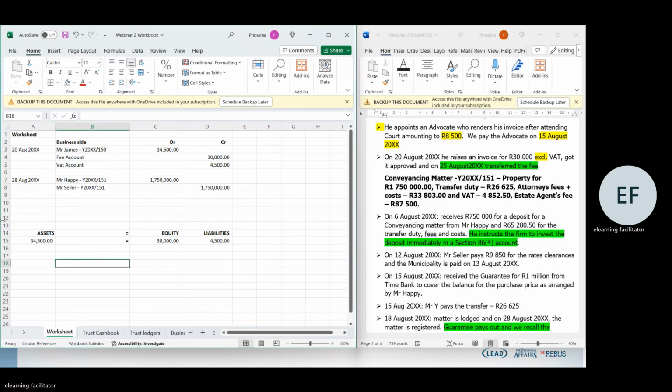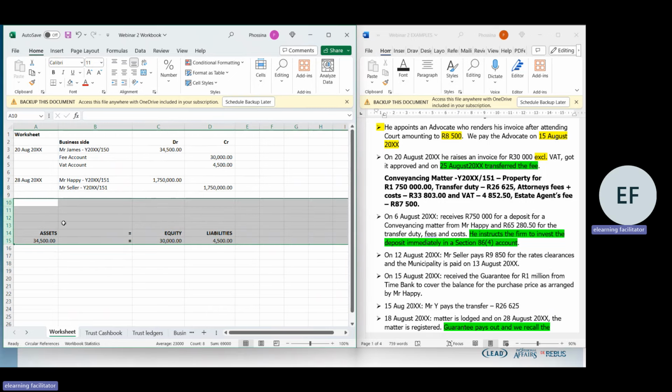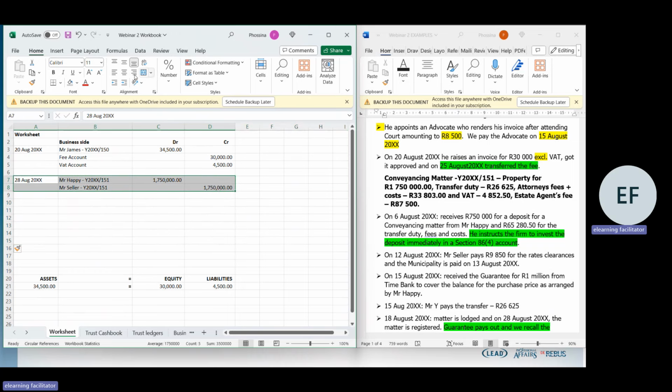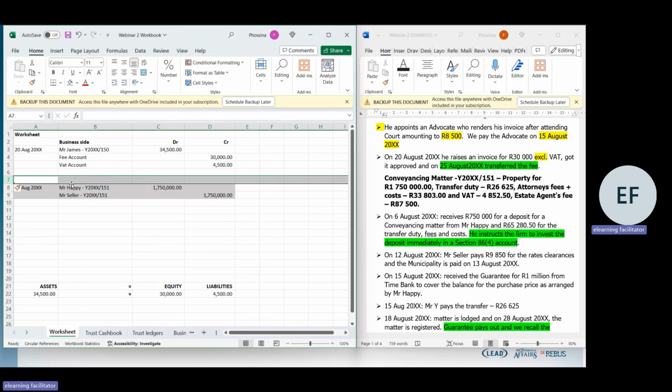So if we come to our workbook, remember this is a trust transaction, so we do not show it on our equation because it does not affect our assets. I was just showing you where there's no cash movement.